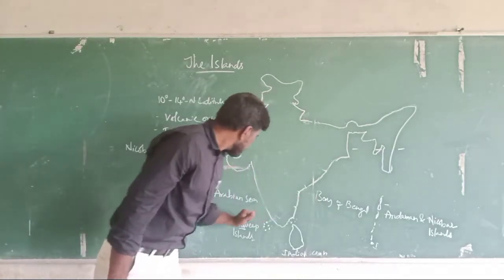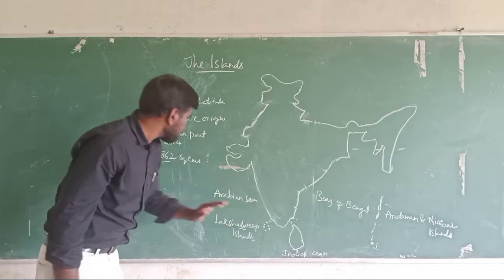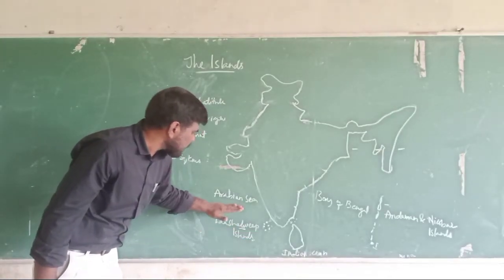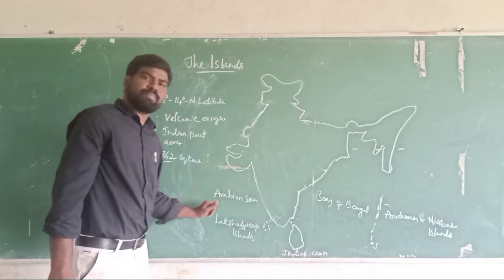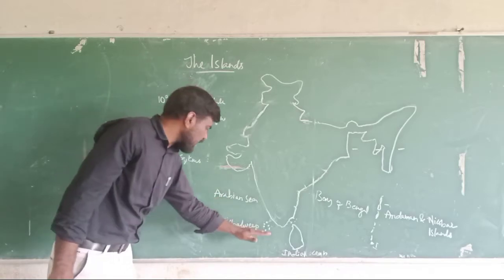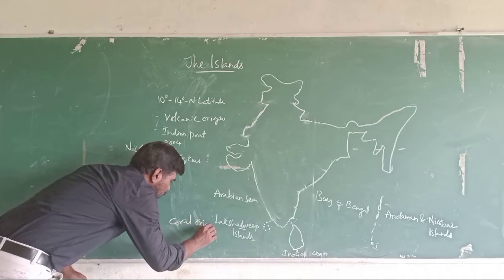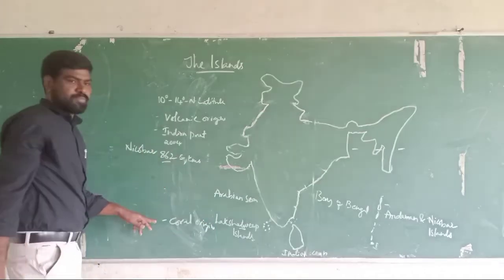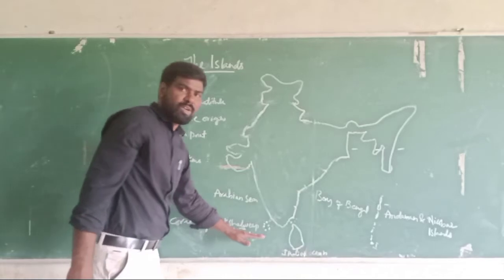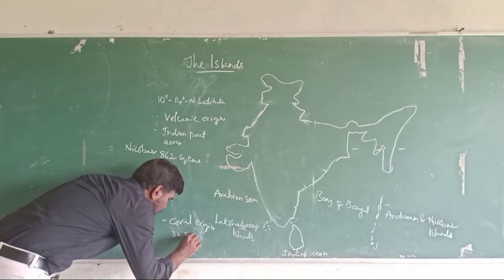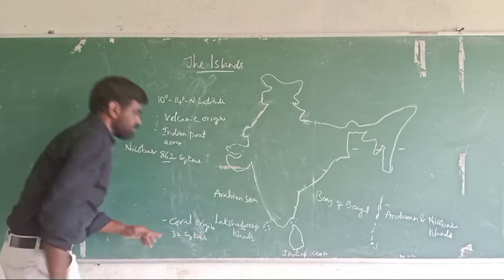Coming to the Lakshadweep Islands, these stretch in the Arabian Sea. These islands are of coral origin, and the area is 32 square kilometers.